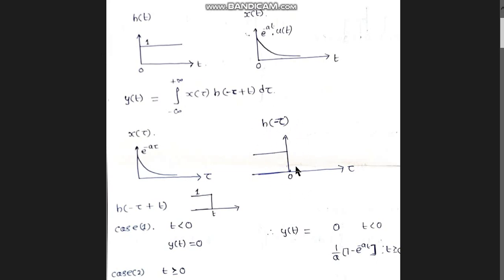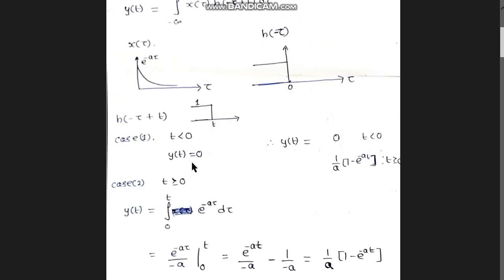Next we have to find h of minus tau plus t. When you add plus t, we are adding t to the tau values, so we shift this 0 and get this waveform.